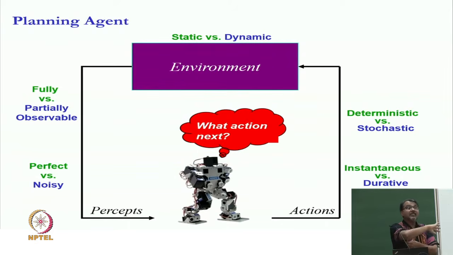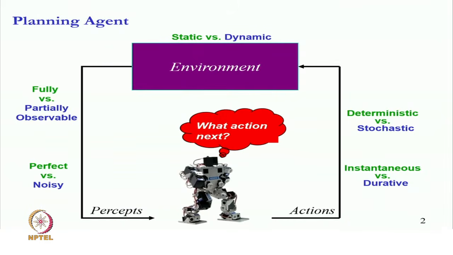Is the environment fully observable or only partially observable? When I observe it, do I make perfect observations or noisy observations, right? Think about sensors that can go wrong. Is the environment deterministic? Is my action deterministic, or does my action have different outcomes with different probabilities? Are my actions instantaneous? Are my actions durative, etc. There are many such properties.